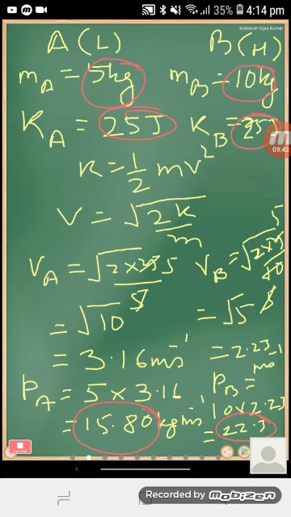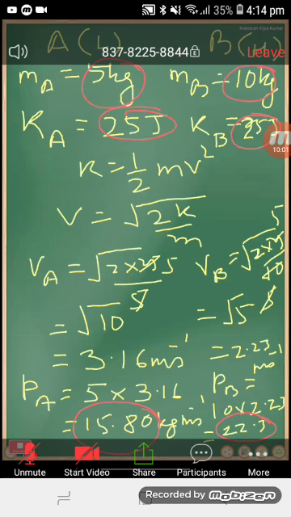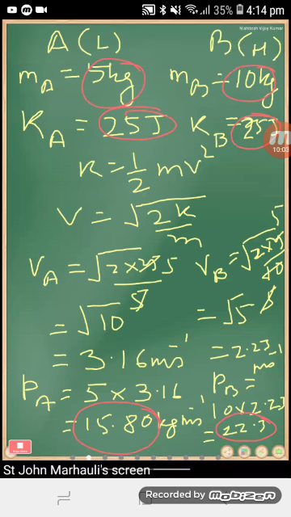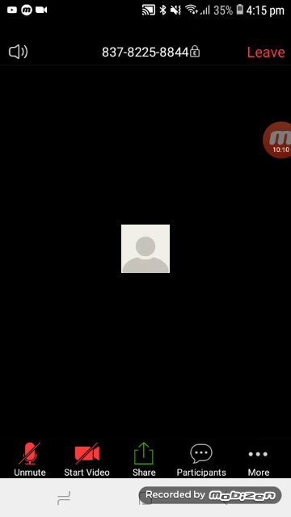So a lighter body will have less momentum, whereas a heavier body will have more momentum if their kinetic energy is constant. So this gives you the relation between momentum and the mass if the kinetic energy is same. So I hope these two things are clear to all of you.